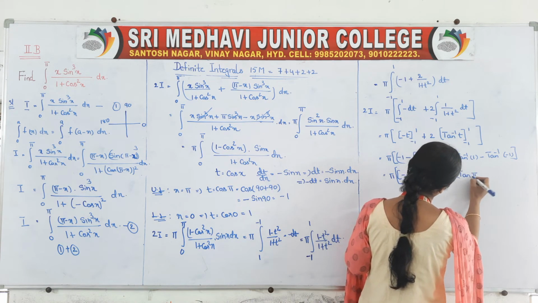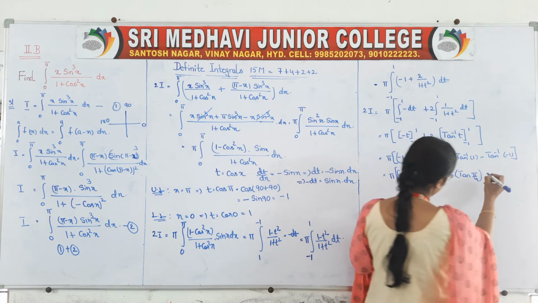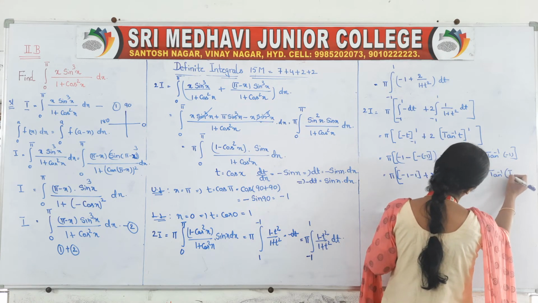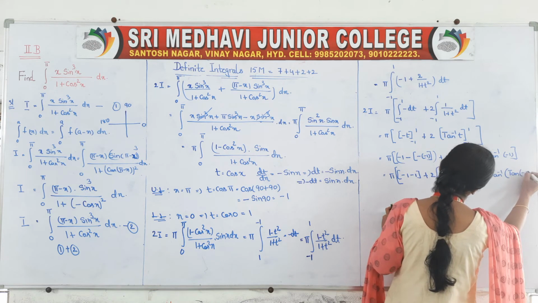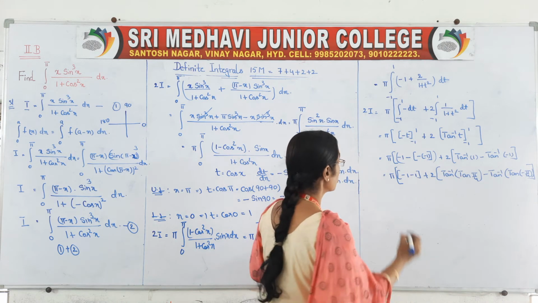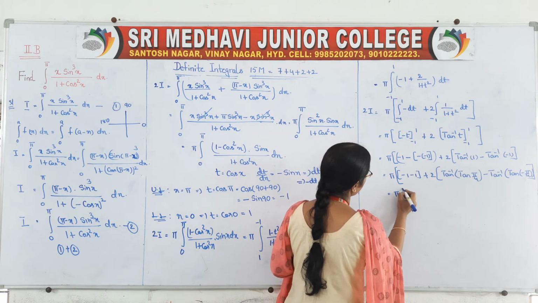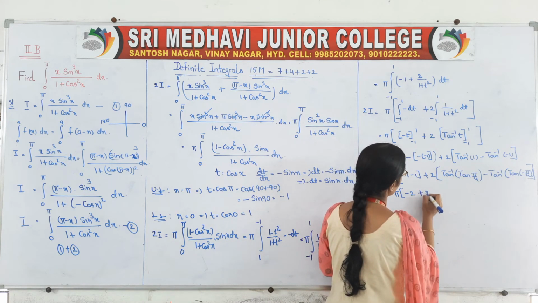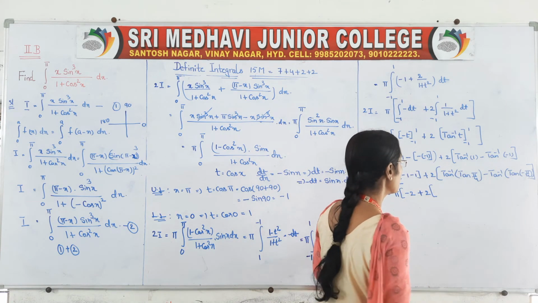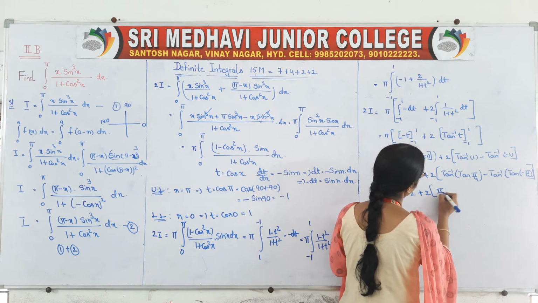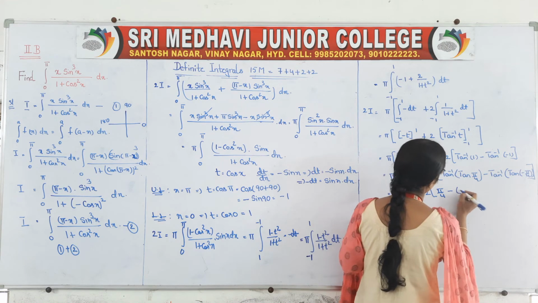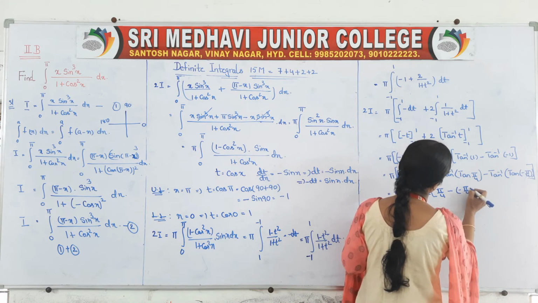So it is tan pi by 4 minus, next also, tan inverse of tan of minus pi by 4. So it is equal to pi into minus 2 plus 2 into tan inverse cancel, pi by 4, minus tan inverse cancel, minus pi by 4.